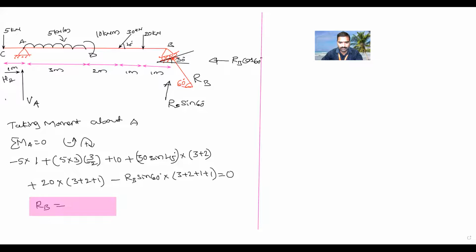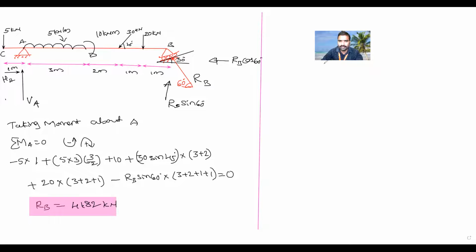Yes. 41.82. Yes, correct answer. So that is 41.82. It means whatever you have written, that is correct, and your answer is also correct. Okay, that is RB आ गया.